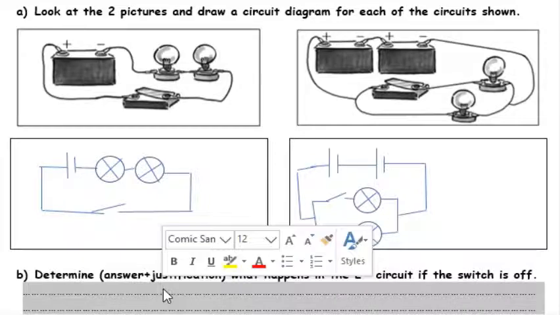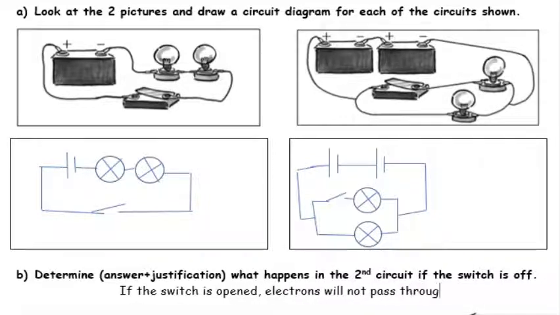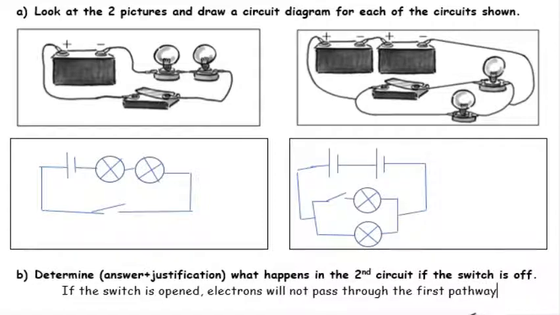Okay, so what we have to say is, if the switch is opened, electrons will not pass through the first pathway since it's cut.